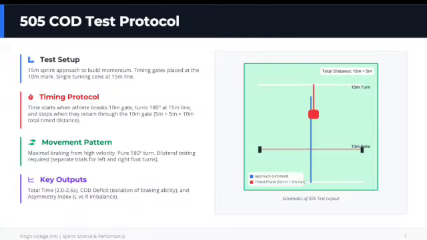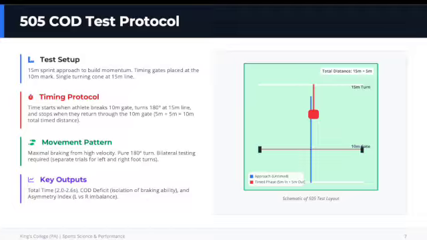The 505 change of direction test protocol is a 15-meter sprint approach to build momentum. Timing gets placed at the 10-meter mark, with a single turning cone at the 15-meter line. Time starts when the athlete breaks the 10-meter gate, turns 180 degrees at the 15 meter line, and stops when they return through the 10-meter gate. 5 plus 5 equals 10 meters total timed distance.